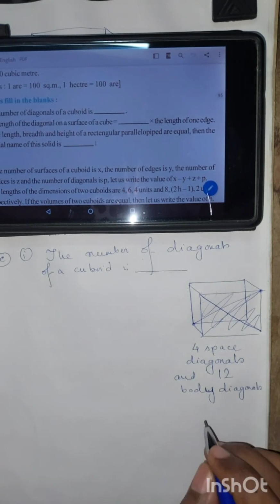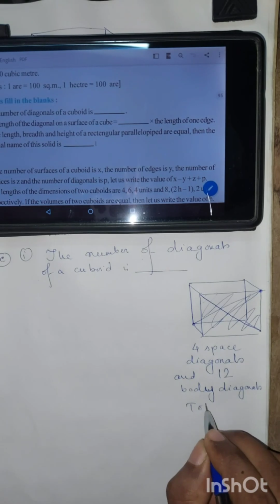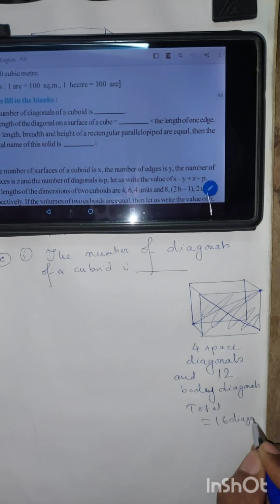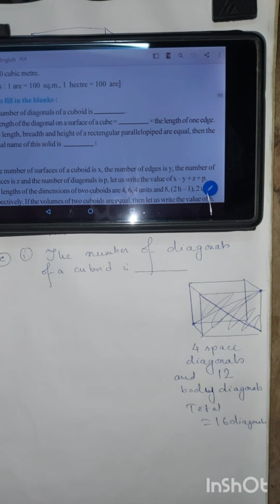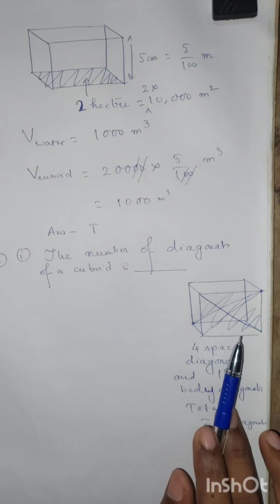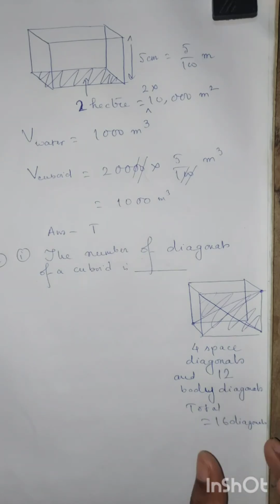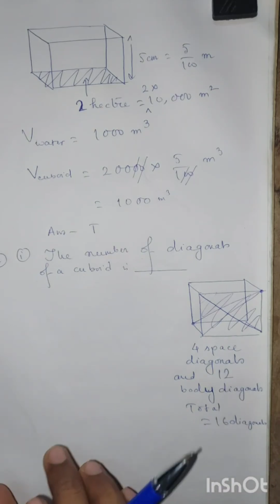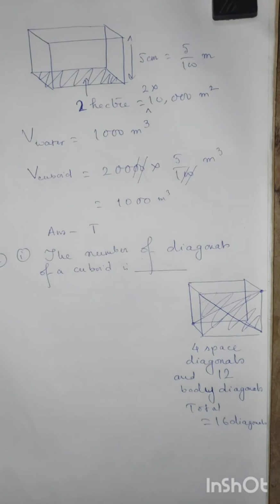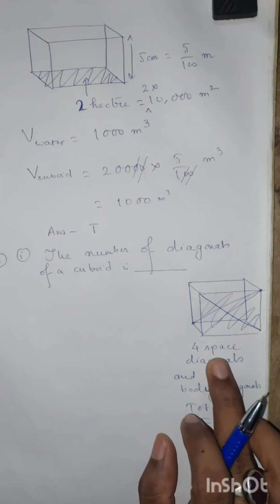Okay, so total 16 diagonals. Remember it. So a cuboid has 16 diagonals, but in this chapter we are only considering space diagonals. So only 4 space diagonals.